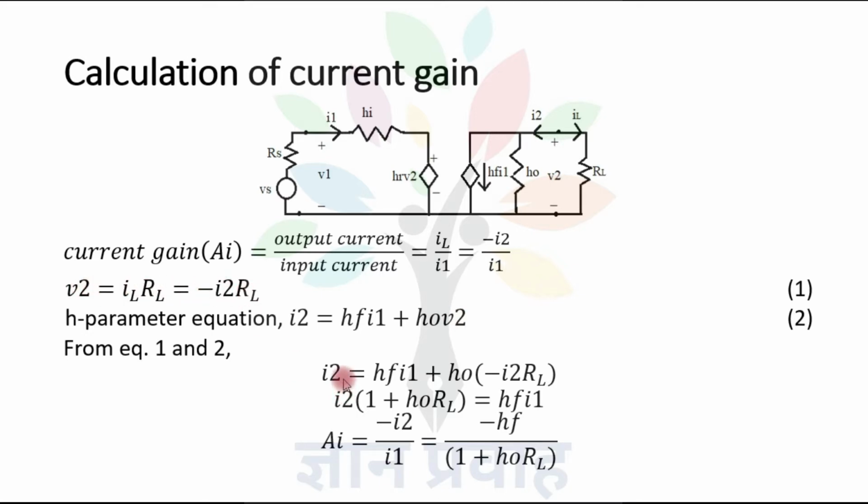By putting this value in equation 2, I2 equals HF I1 plus HO times minus I2 RL, and by simplifying, AI equals minus I2 upon I1 equals minus HF upon 1 plus HO RL. That is the expression for current gain in case of BJT.